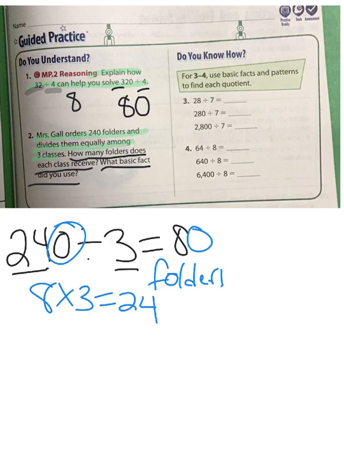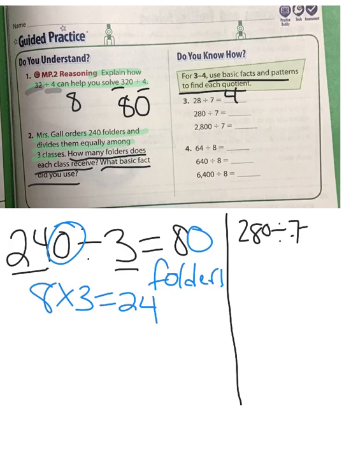For 3 through 4, use basic facts and patterns to find each quotient. Number 3, 28 divided by 7. Think to yourself, 7 times what is 28? Your answer should be 4. Then 280 divided by 7, I'm going to write it down here. We're going to get in the habit of underlining our basic fact.